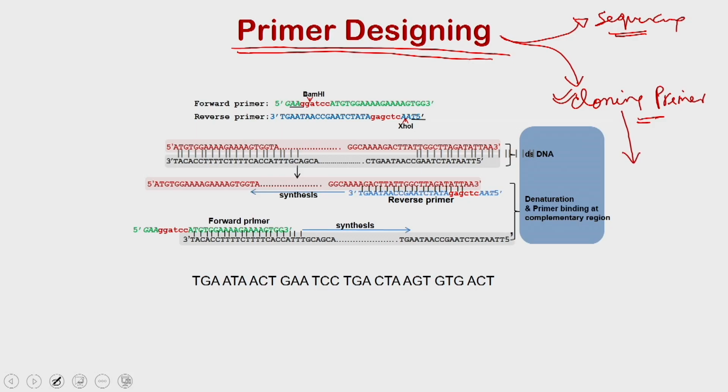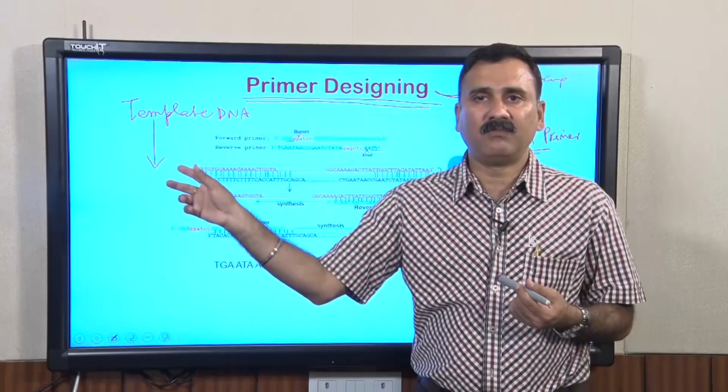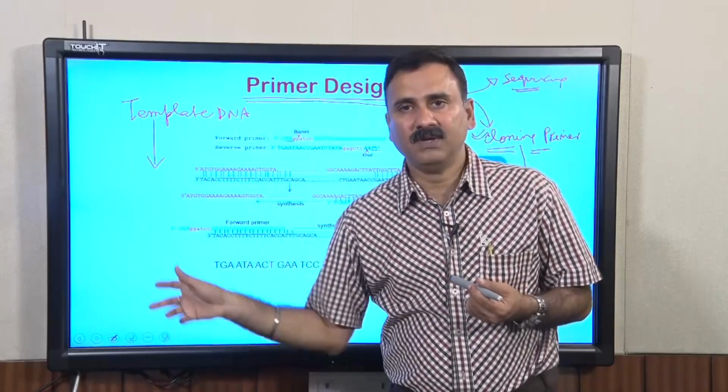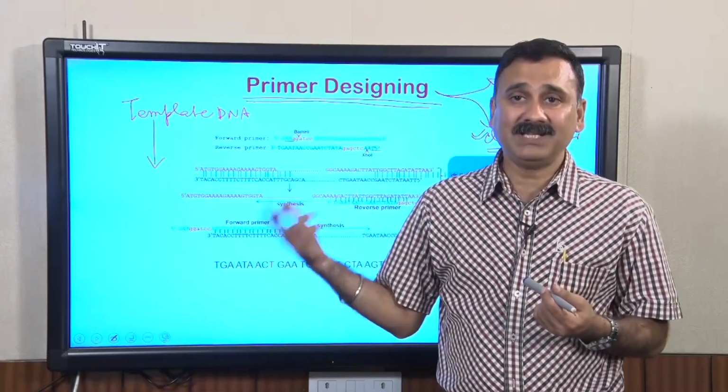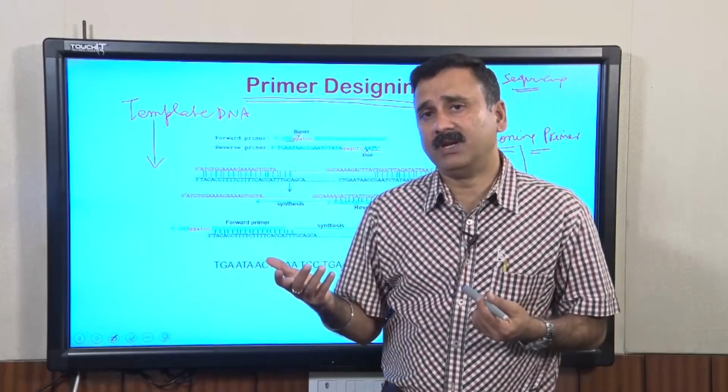Before you design the cloning primers, you have your template DNA. Cloning primer means you are going to take this particular fragment and clone it into a particular type of vector or plasmid or some other transforming agent, so that you can produce the recombinant DNA.